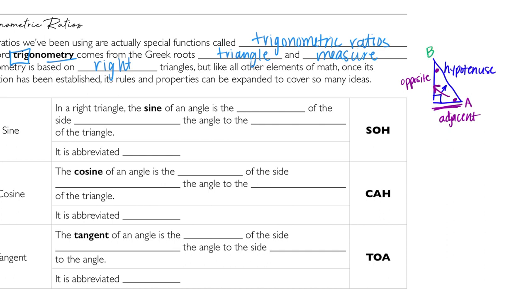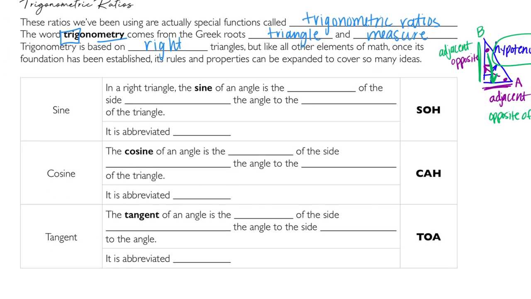If we were looking at this angle up here, angle B, this side down here is the one that's across from angle B, so we would call it opposite of B. And this side here, that's touching angle B, we would call adjacent to B. The hypotenuse is always the hypotenuse. It doesn't change. But opposite and adjacent depend on which of the smaller angles you're looking at. That's important to know for this next part.